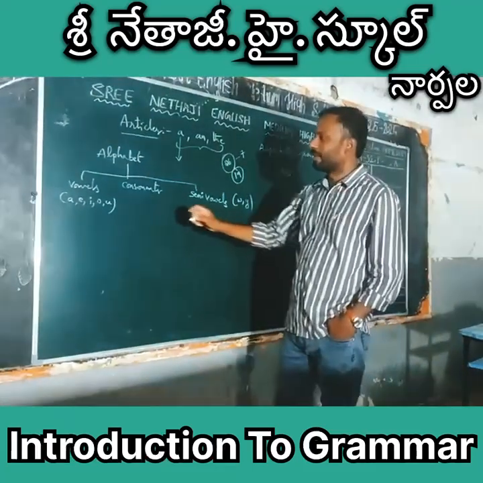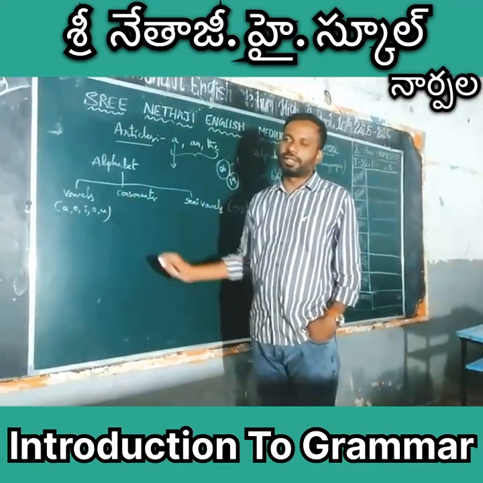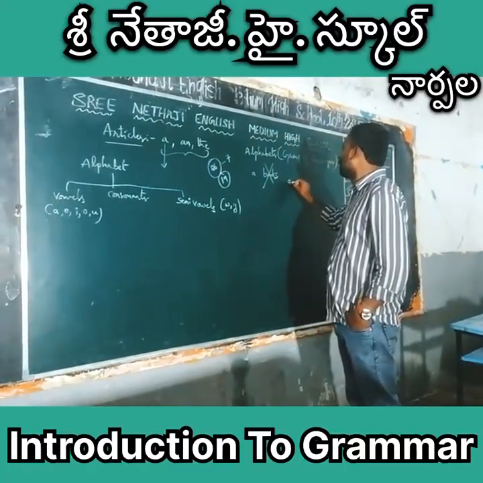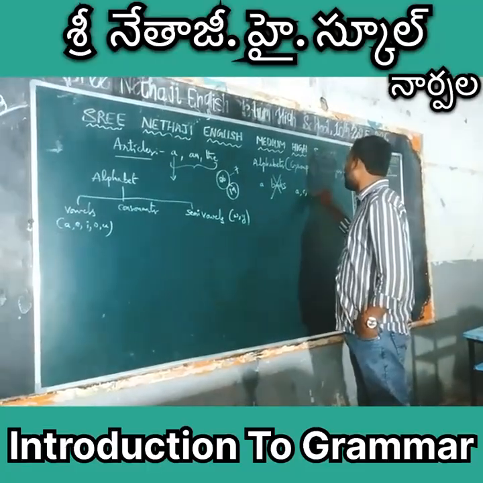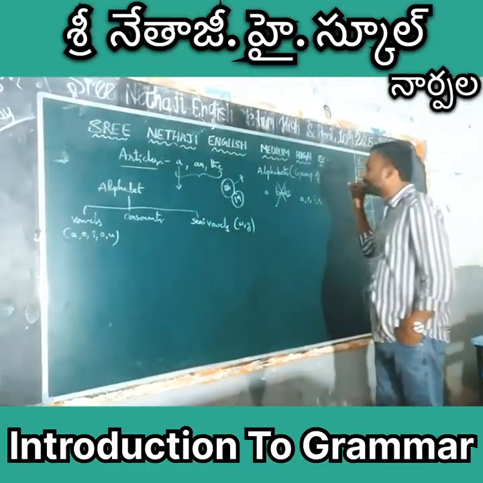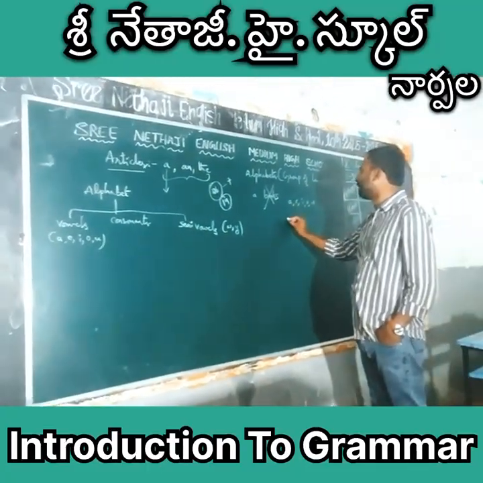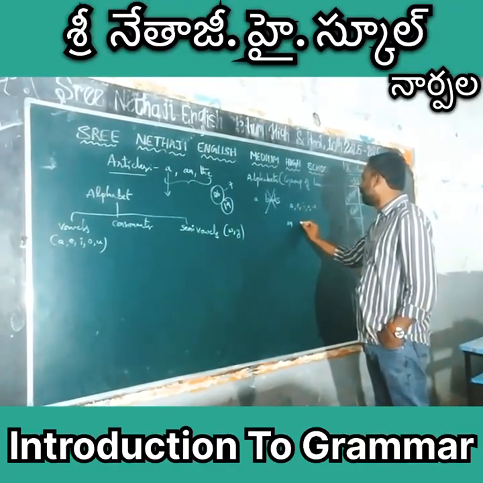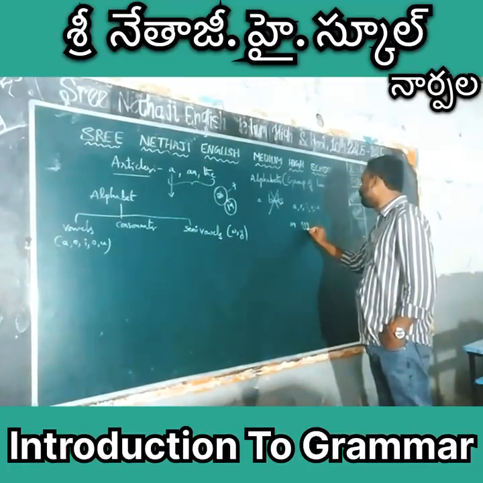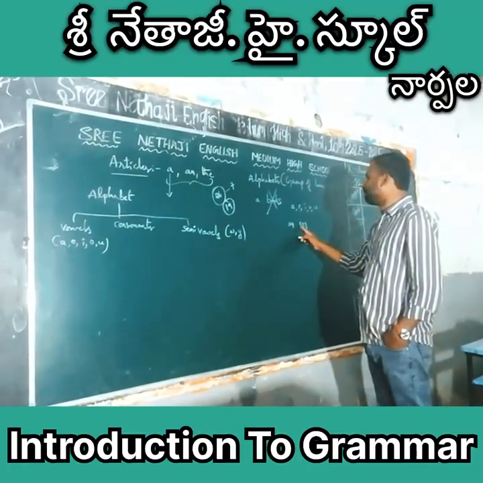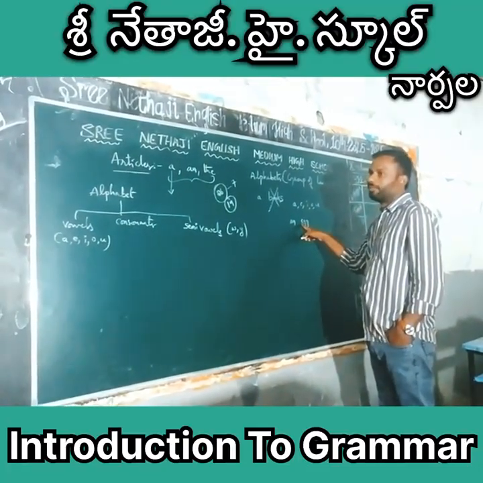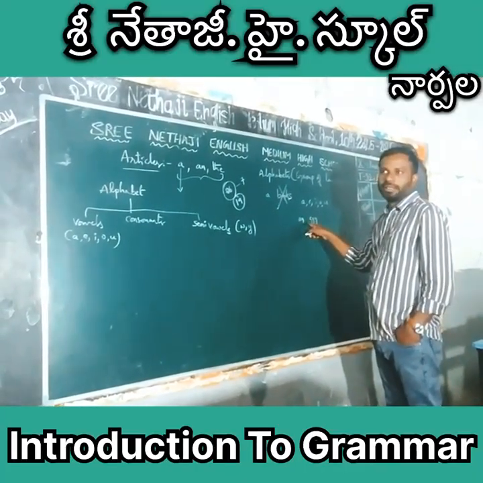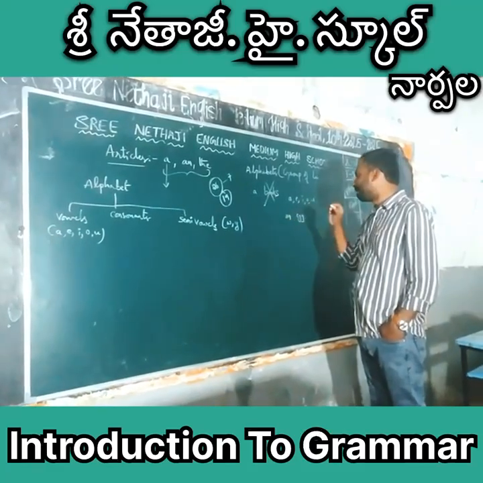Well, next, vowels. Vowels are used for the words which start with A, E, I, O, U. Now, I will use article an for any of these letters, like let us take egg. Egg is a word which starts with a vowel. Before that word, we must use article an.